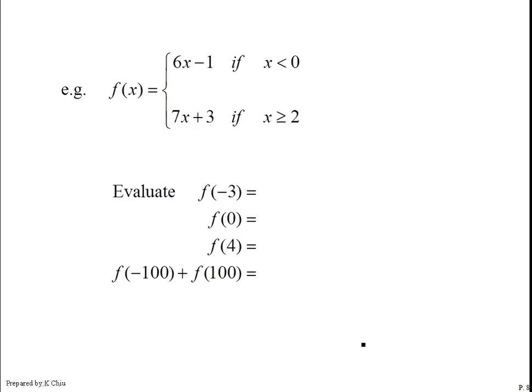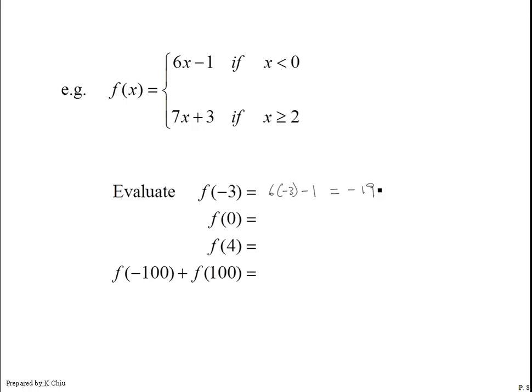F of negative 3. Which formula should we use? We should use the first one. So we have 6 times negative 3 minus 1. So that would give me negative 19.